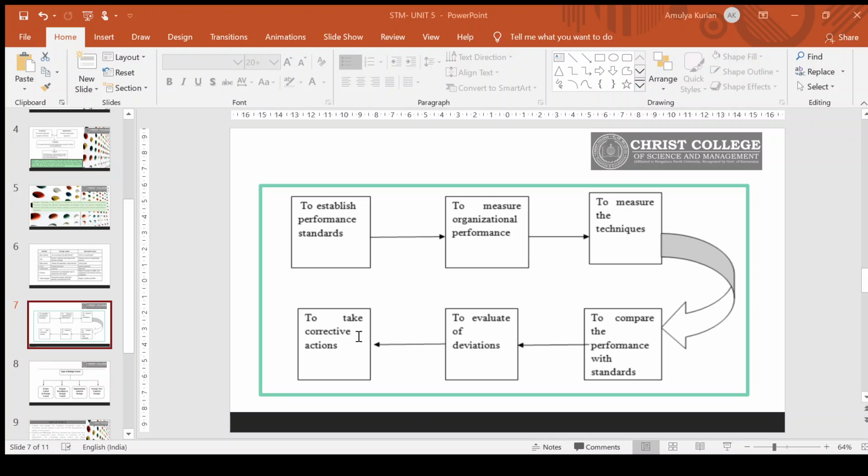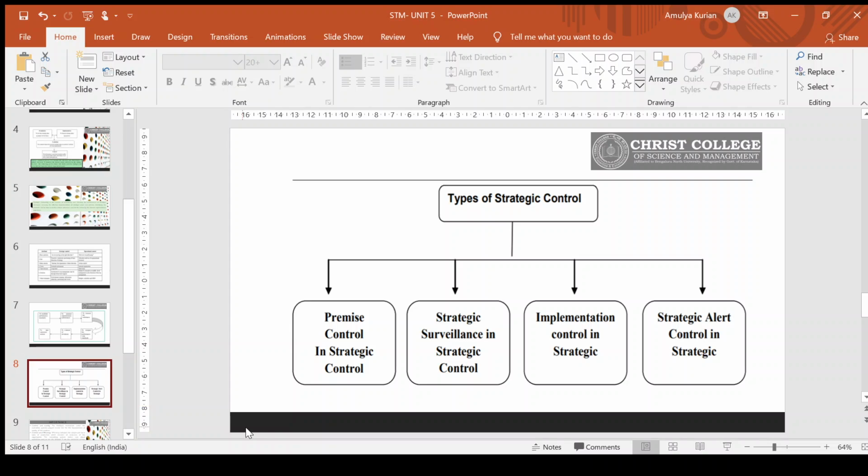Now, next one is the types of strategic control. There are four types of strategic control. One is premise control. In premise control, two things are getting controlled. First one is external control. The other one is internal control. External control is nothing but environmental factors and industry factors, and there are internal factors which are internal to the organization.